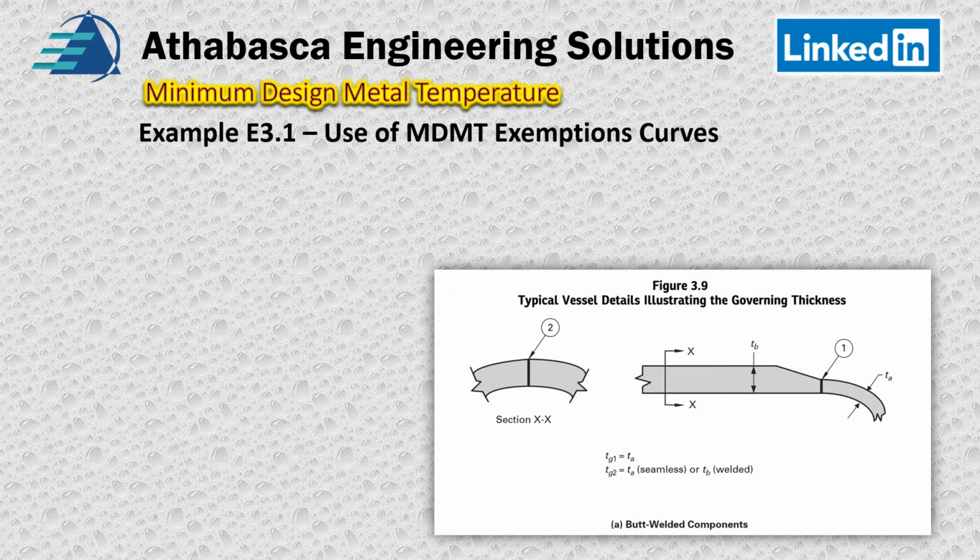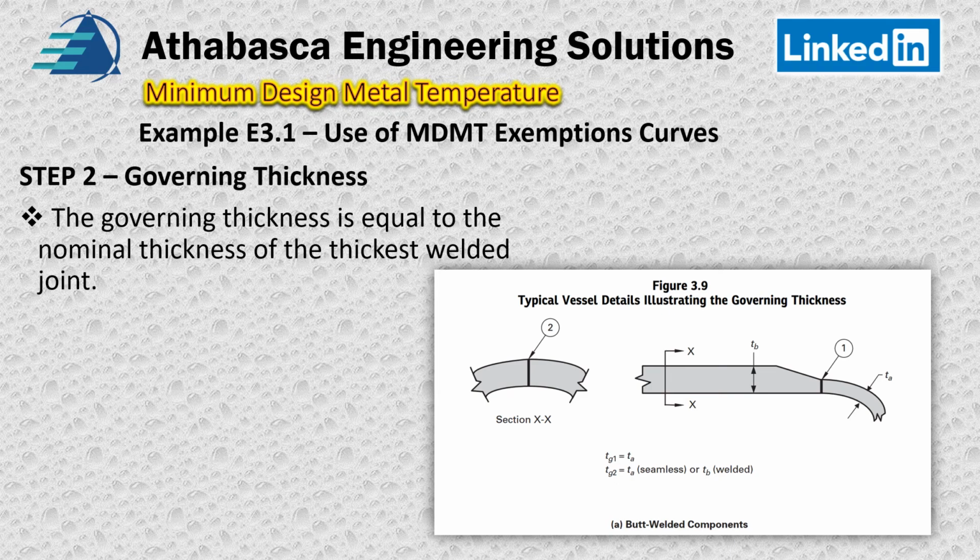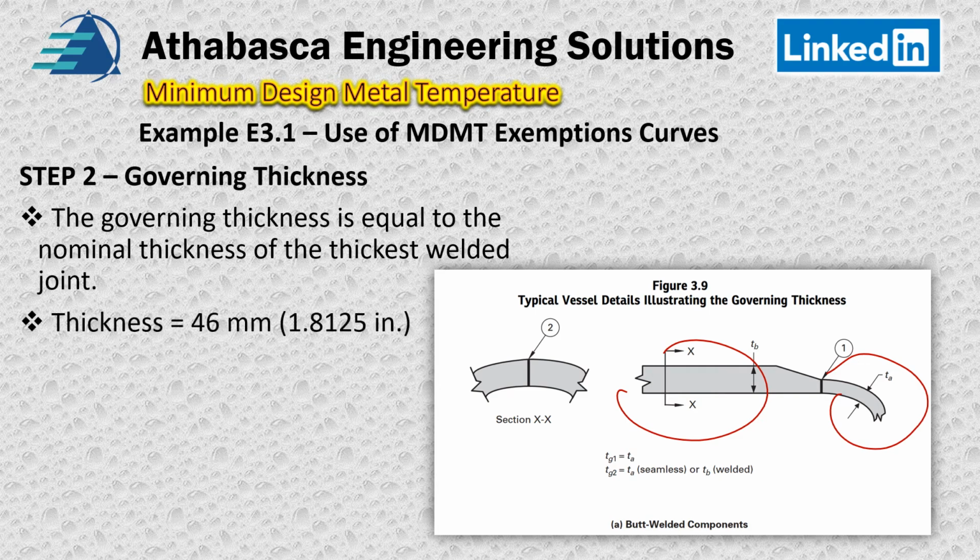There's a number of figures used for determining your governing thickness, which is step 2 basically. In this particular example, where we have a head connecting to a shell, the equation is that we would use the thickest part, right?